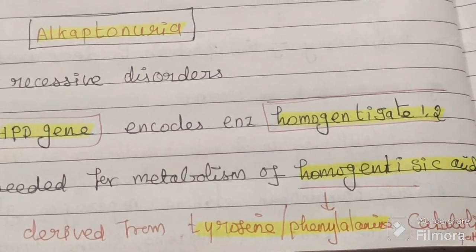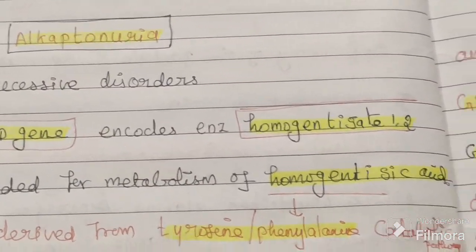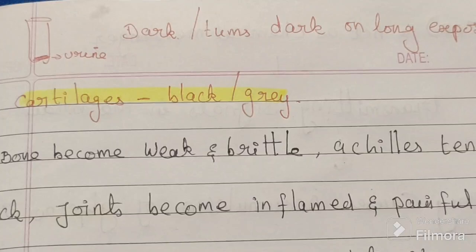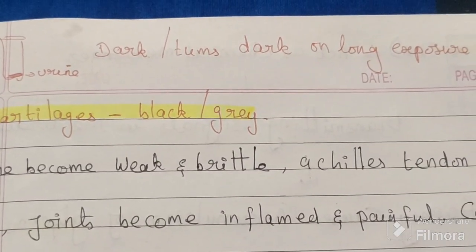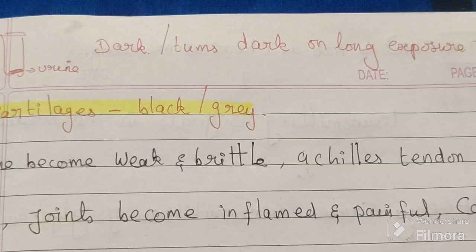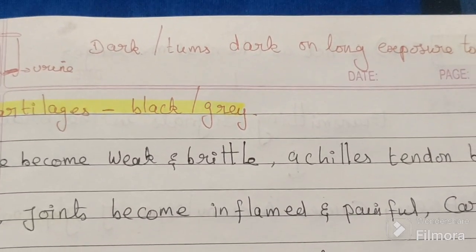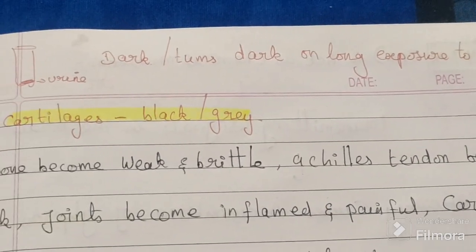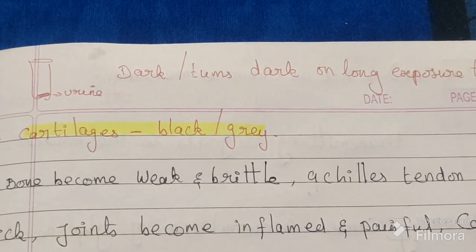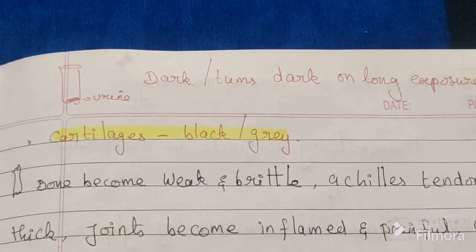The urine of the affected individual is abnormally dark, or turns dark on long exposure to air.